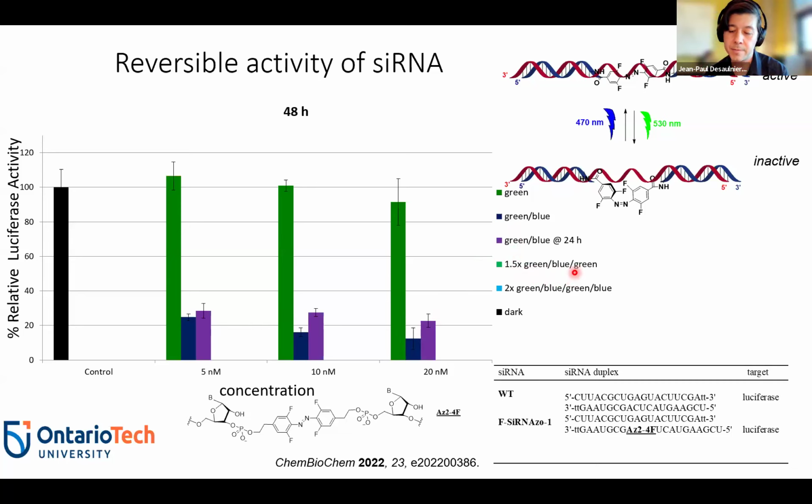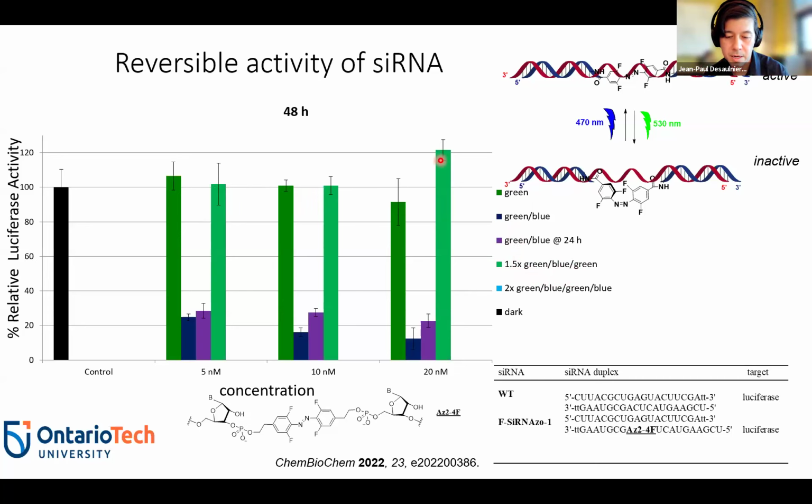So we would expect it to be inactive, and that's exactly what we see, highlighted in the light blue-greens. And then furthermore, green, blue, looking at its ability to go through 2 rounds of cycling, and we expect to have some level of activity because we're finishing with a blue, and that's exactly what we see.